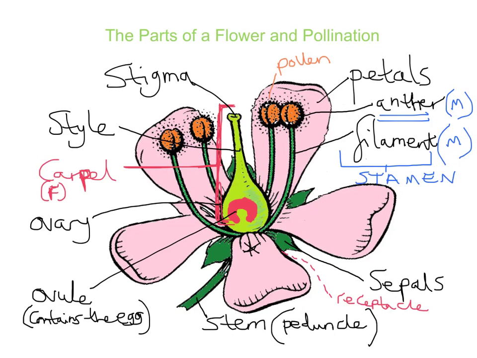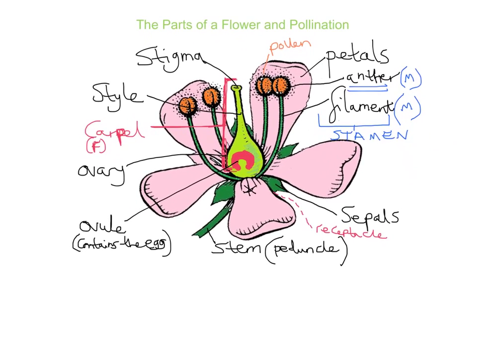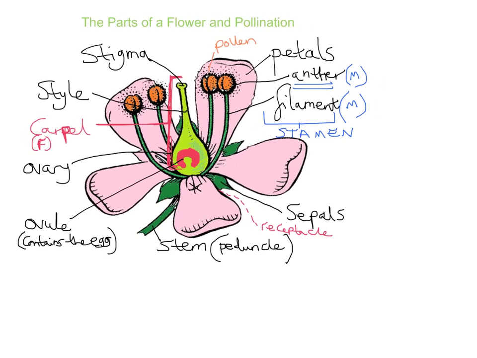So in fact, what we'll do is shrink the screen here, and I'll put it over to here because I'm going to be drawing a diagram in a moment, just to make one particular point. So the male sex cell is the pollen, and the pollen is found on the anther.